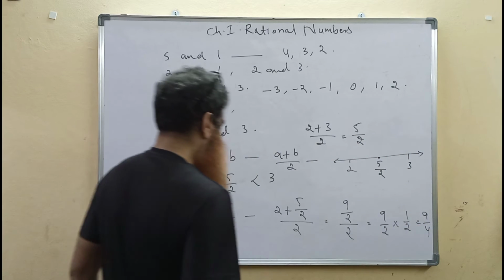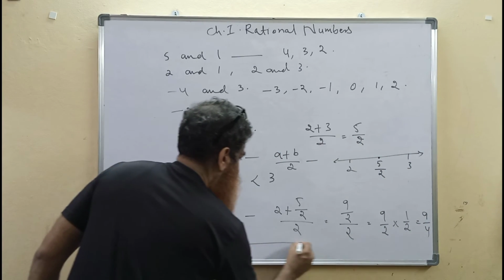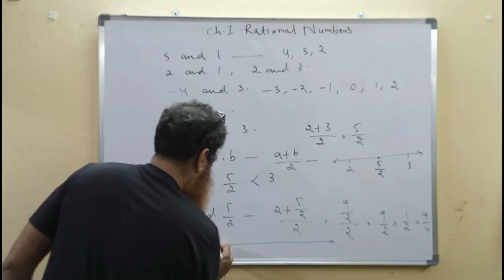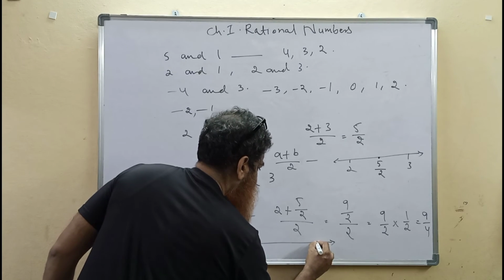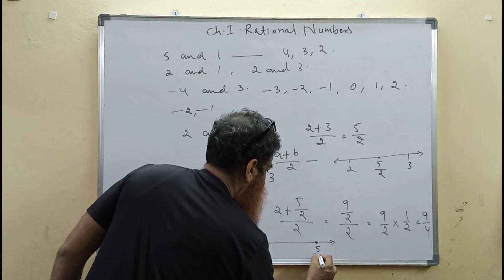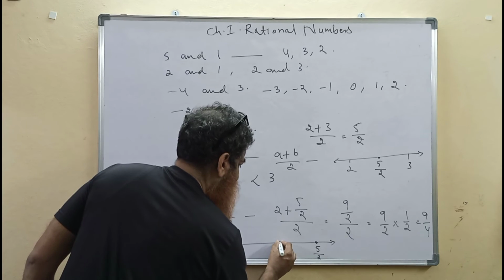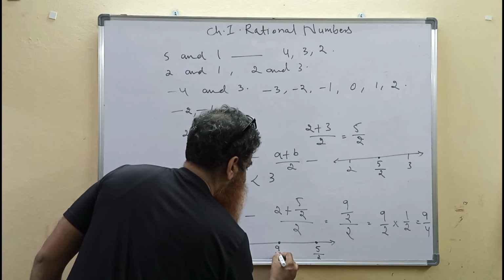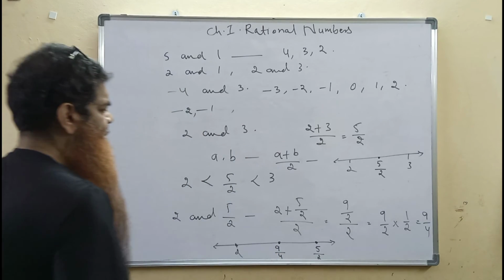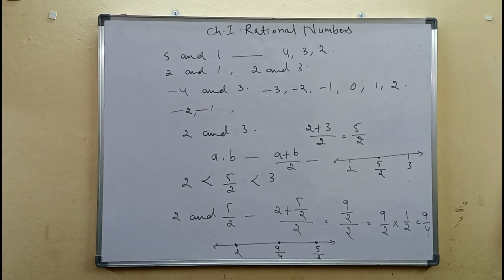So on the number line, it is 2 and we have 5 by 2, and exactly in between 2 and 5 by 2 lies 9 by 4, in the center, equally away from 2 and 5 by 2.